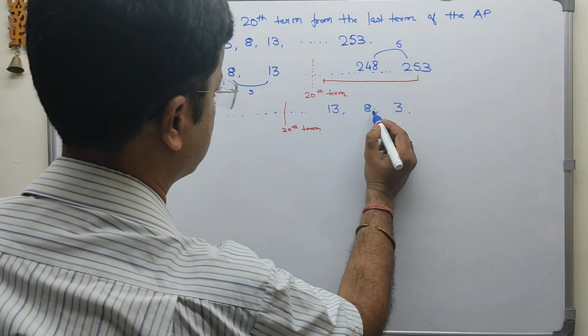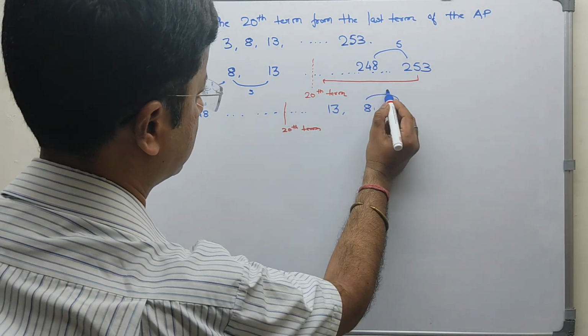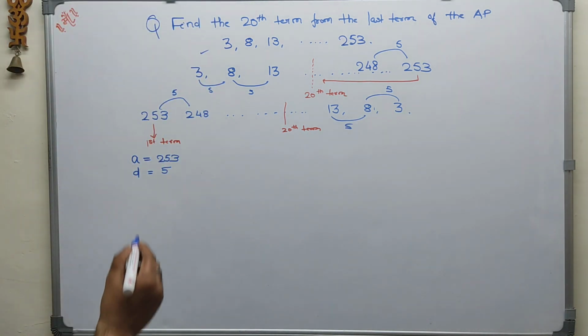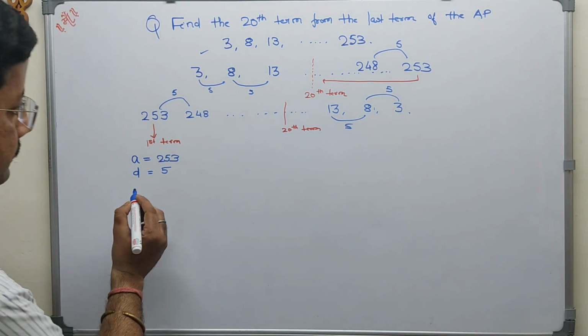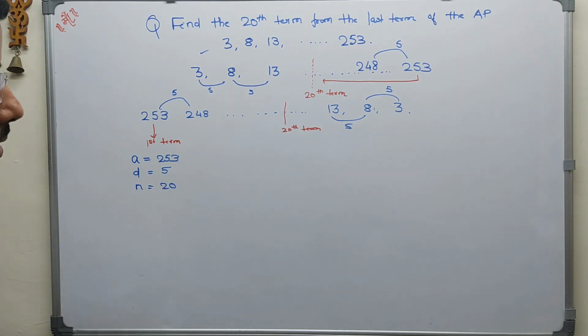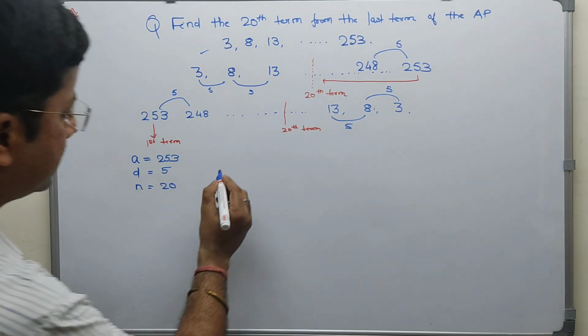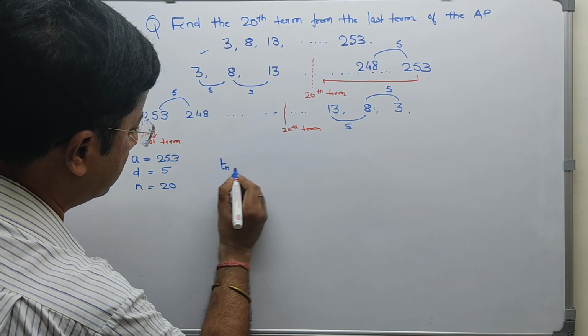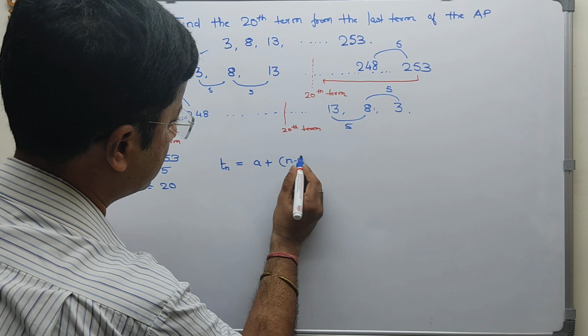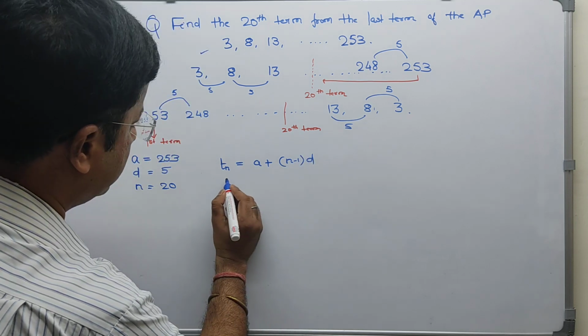You can see here already we have seen 5. This is also 5, and n is 28, because we need to find the 28th term. Very easy, just write down the formula Tn equals a plus n minus 1 d.